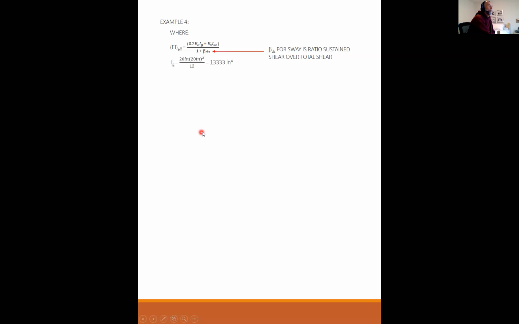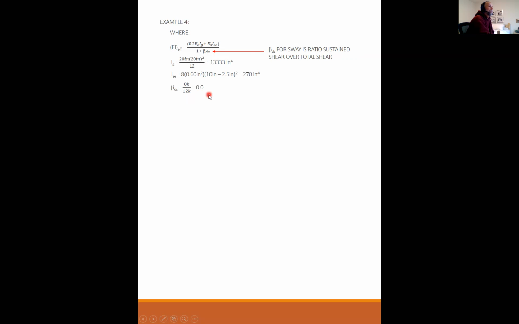So I gross is still 13,333. Ise is 270 like we did before. Beta ds is 0 over 12 kips. Actually, the total story shear is 6 kips. That's another typo. But anyway, 0 over 6, 0 over 12, still 0.